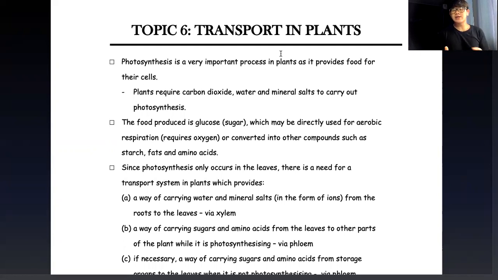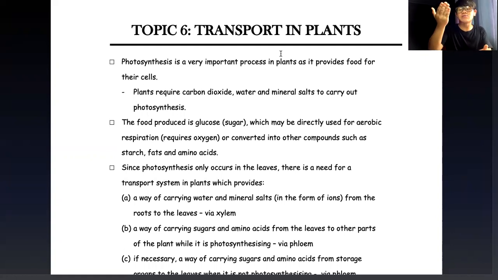They get it from the xylem, the xylem structures found inside the plant. And where does the xylem get its water from? It will be from the soil, right? So in other words, there must be a system, a way in which the water will get transported from the roots onto the leaves.